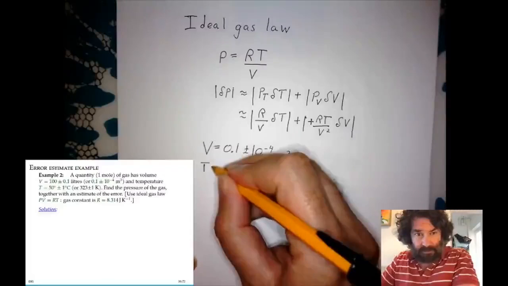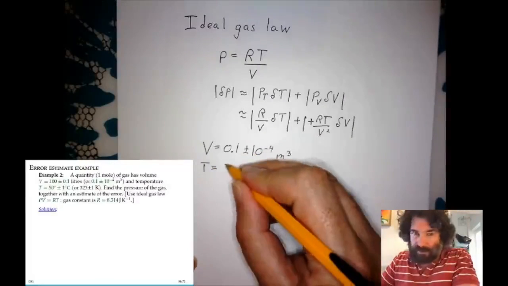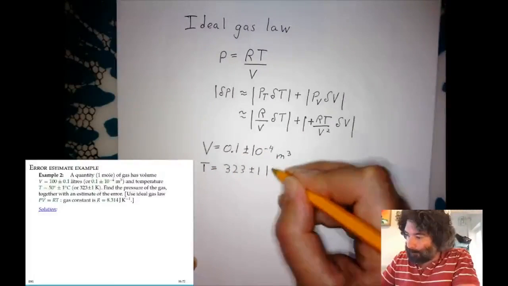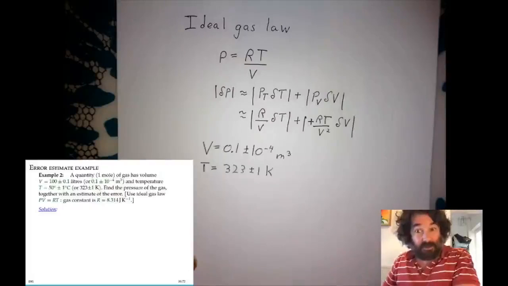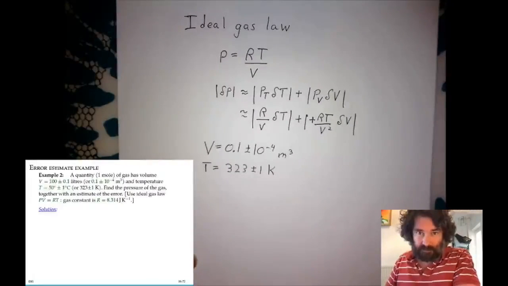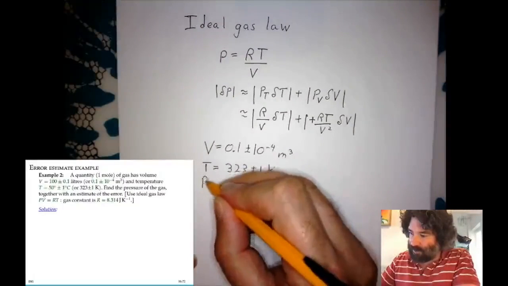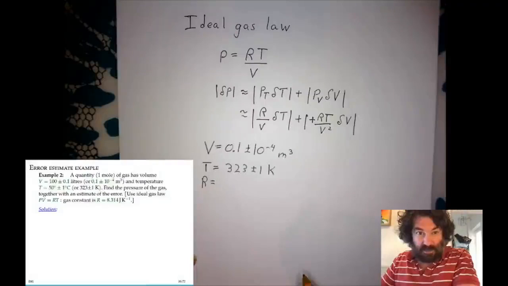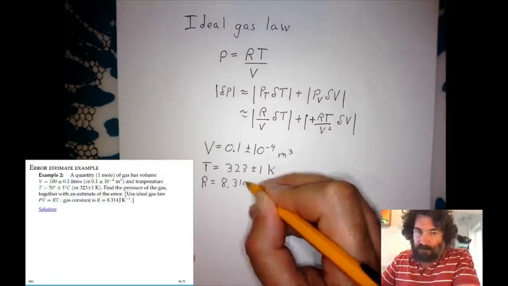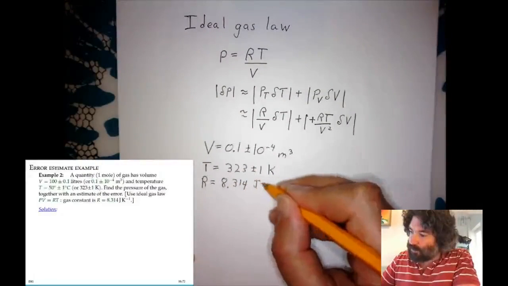The temperature is 323 plus or minus 1 Kelvin. Once again, use Kelvin so that the units will work out to get pascals. And, well, we need to know what R is. R is a constant, and we know it is 8.314 joules per Kelvin per mole.